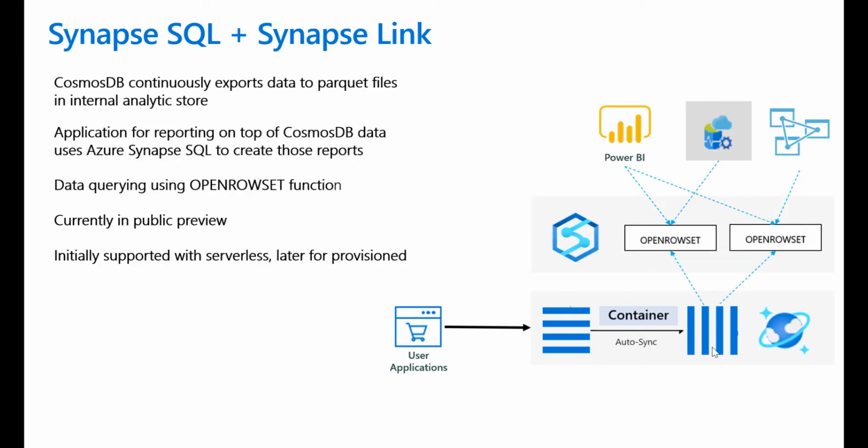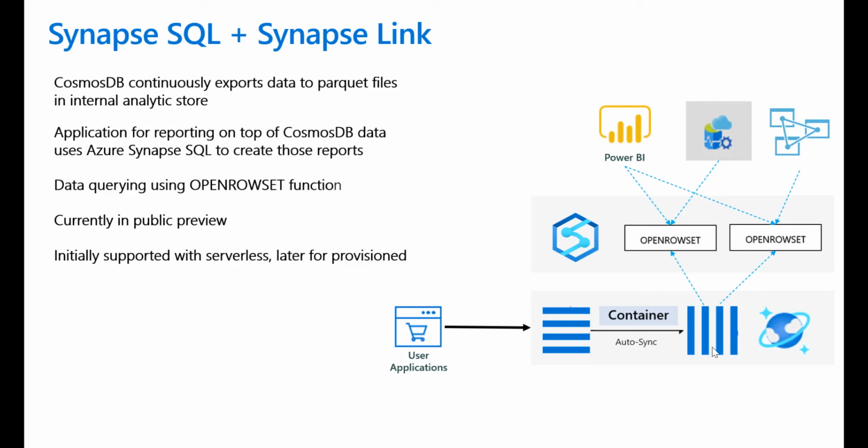Now, if you need to run analytics on this internal analytic storage, you can use Azure Synapse Analytics. Azure Synapse Analytics and SQL On Demand can directly query Cosmos DB analytical storage. Tools like Power BI, Azure Data Studio, and Azure Analysis Services can run queries that select data from the OpenRowSet function, and the OpenRowSet function will read data directly from analytic storage.